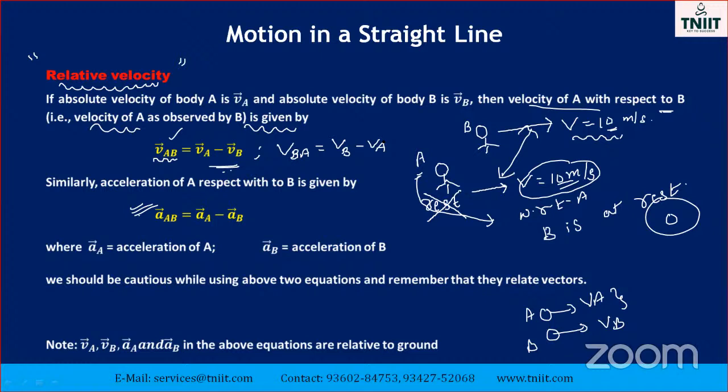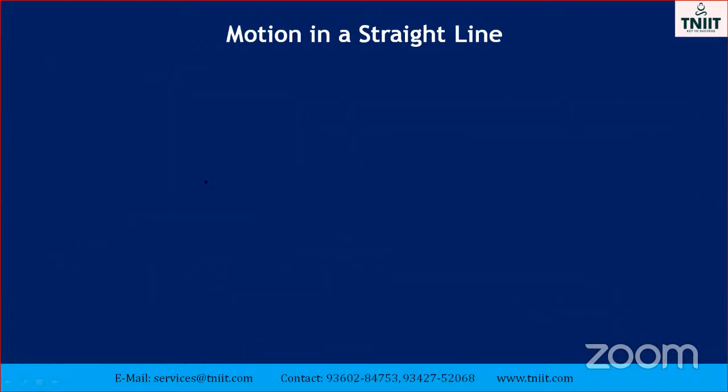So VAB is the relative velocity of body A with respect to body B, and VBA is the velocity of body B with respect to body A. This formula is valid if the two bodies are moving in the same direction. Please remember that, students: if two bodies are moving in the same direction, then the relative velocity is subtracted.